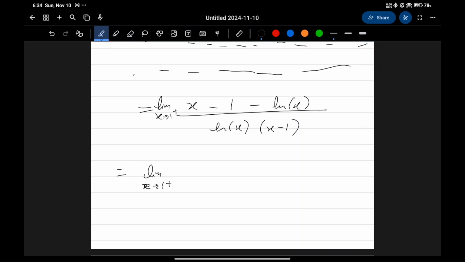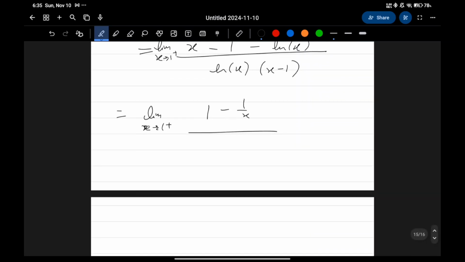So the derivative of x is just 1, the derivative of log is 1 over x. Oh no, I took a hard one. The algebra for this is a bit hard. Okay, no worries. On the bottom we will use the product rule. So it would be the derivative of the first thing, 1 over x, leave the second alone, minus the derivative of the second thing, x minus 1, whose derivative is just 1, times log of x.